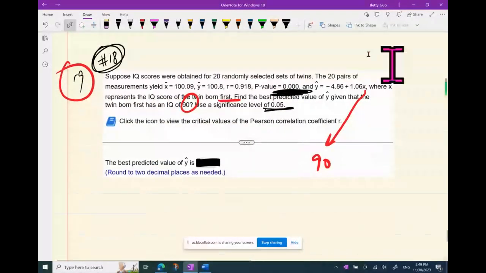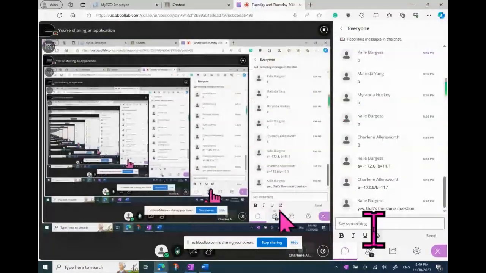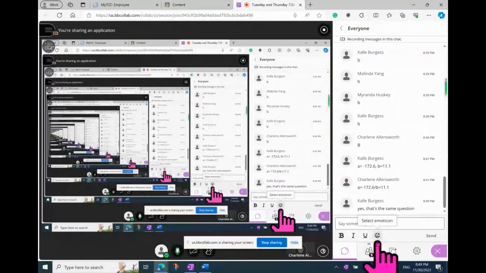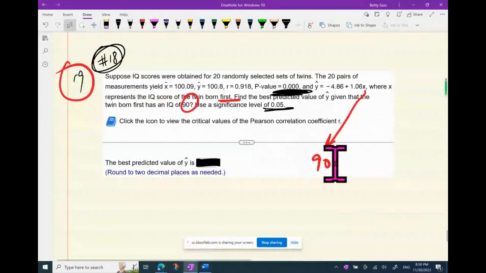Yeah, because the p-value is so low, indicating strong. Yes, that's the same question. Yeah, only the value is different, right? I remember earlier that's the second-born. X is second-born. In this case, X is the firstborn. And also this value is different. I remember the other one is 103.